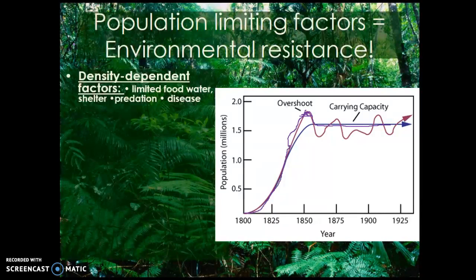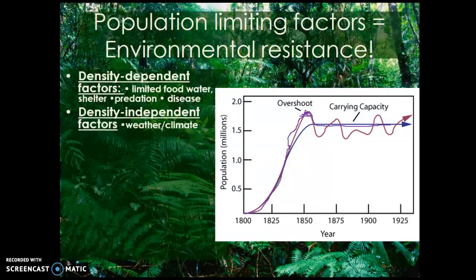The more the population grows, the more the predator population is going to grow. The larger a population is, the more susceptible to disease that population is going to be. So these are all density-dependent factors that are going to limit a population and have it reach its carrying capacity and not keep exponentially growing.